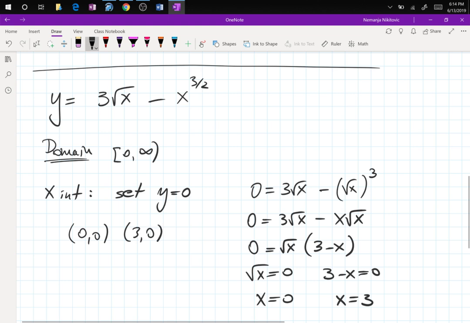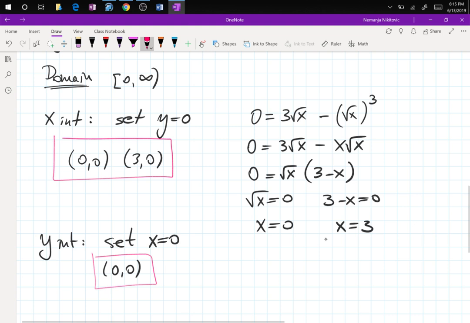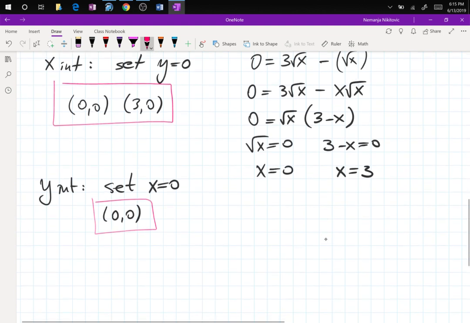And 3, 0 as our x-intercepts. Y-intercept, we set x equal to 0. Well, we're just going to get 0, 0. Anytime you get 0, 0 for x-intercept, it has to be a y-intercept, because that's the only point that is both at the same time. It lies on both axes, the origin.